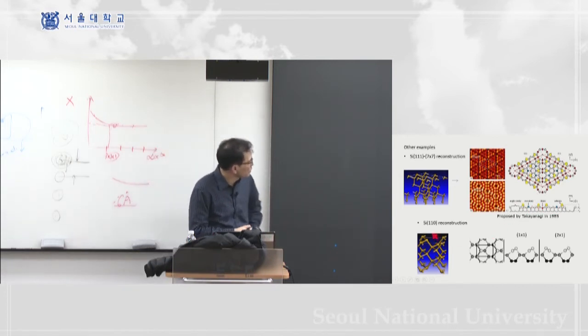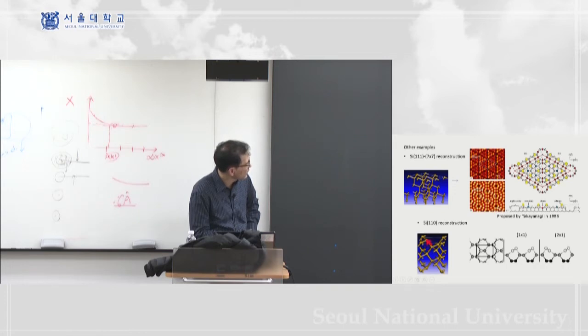In the case of the silicon 110, we have a certain reconstruction like that. In this case, it does not really make a new bonding, but the silicon atom at the top somehow changes.